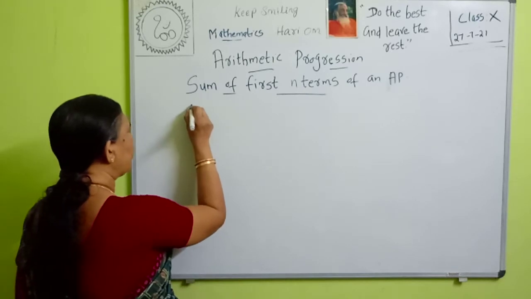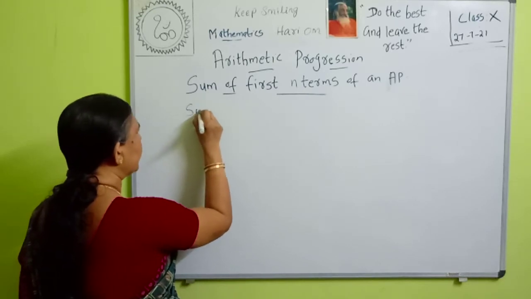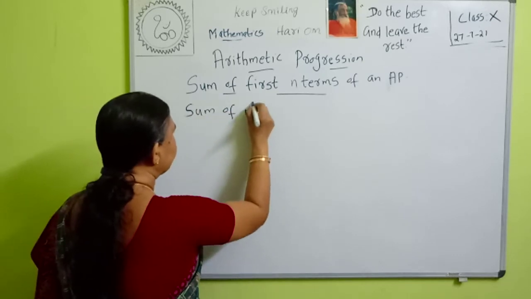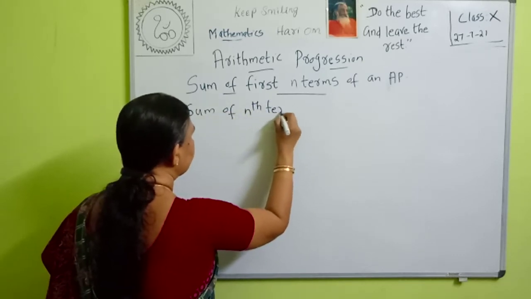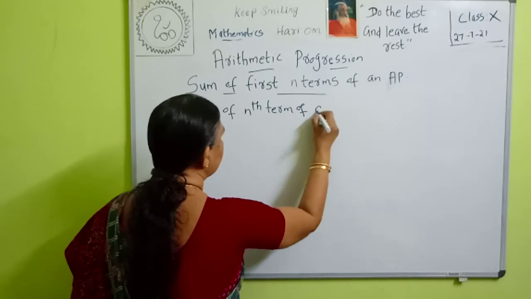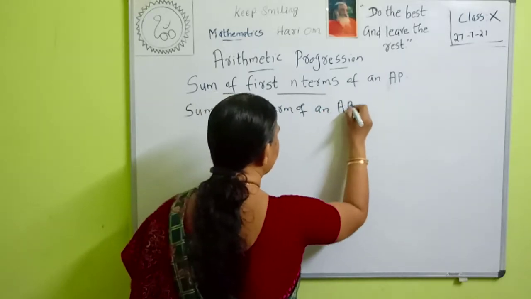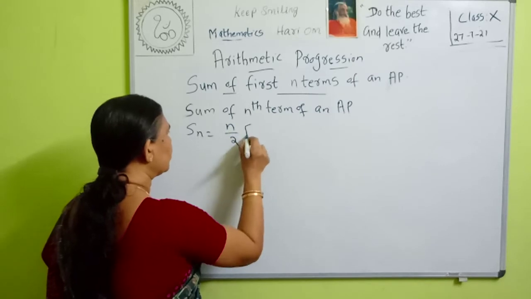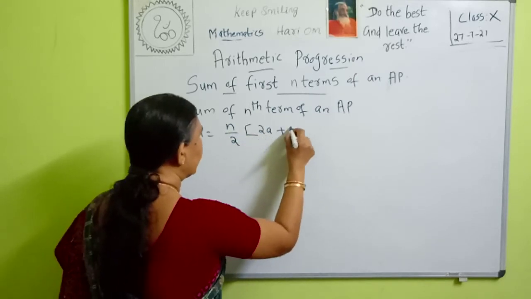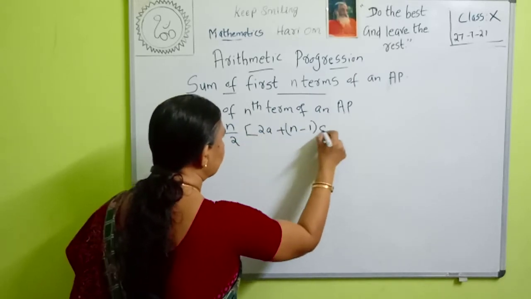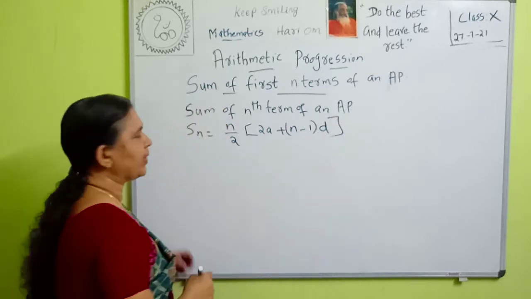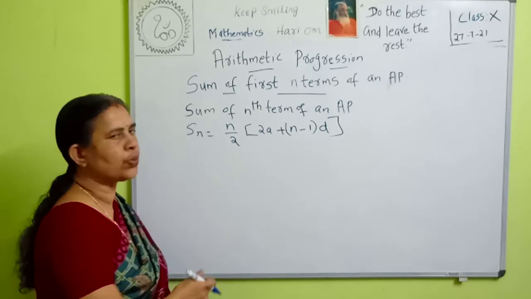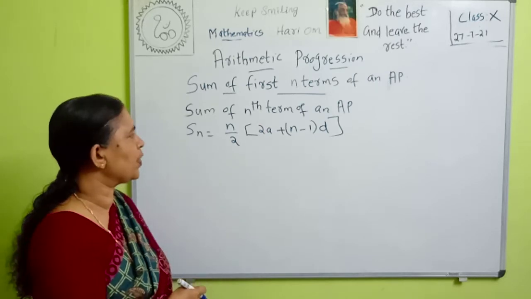Sum of n terms of an AP: Sn is equal to n by 2 into 2a plus n minus 1 into d.